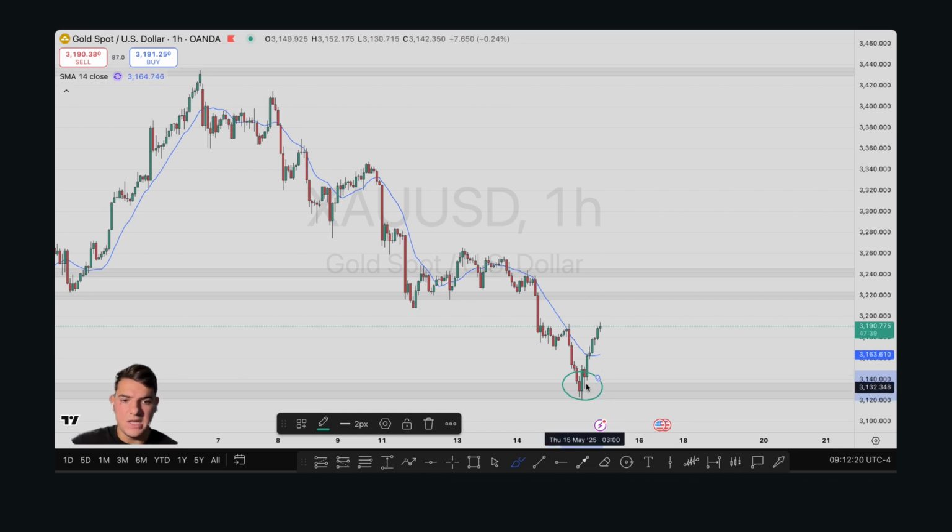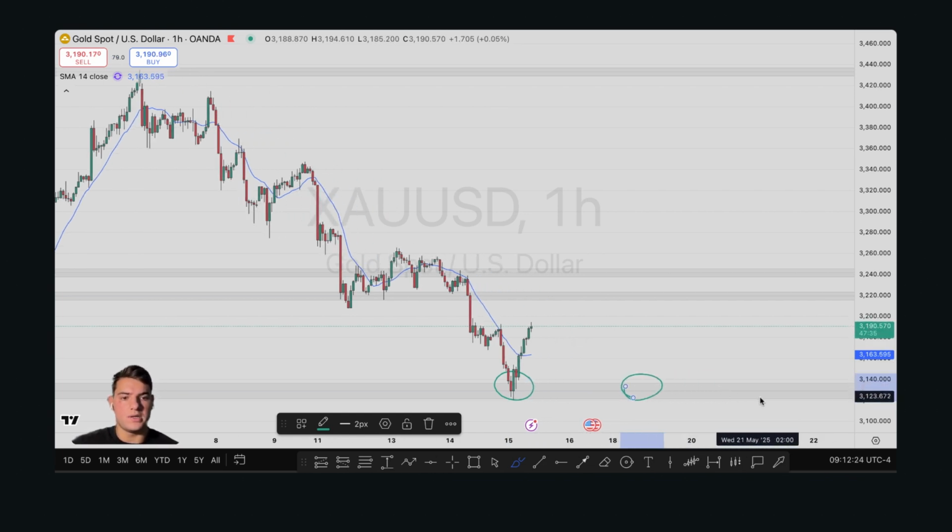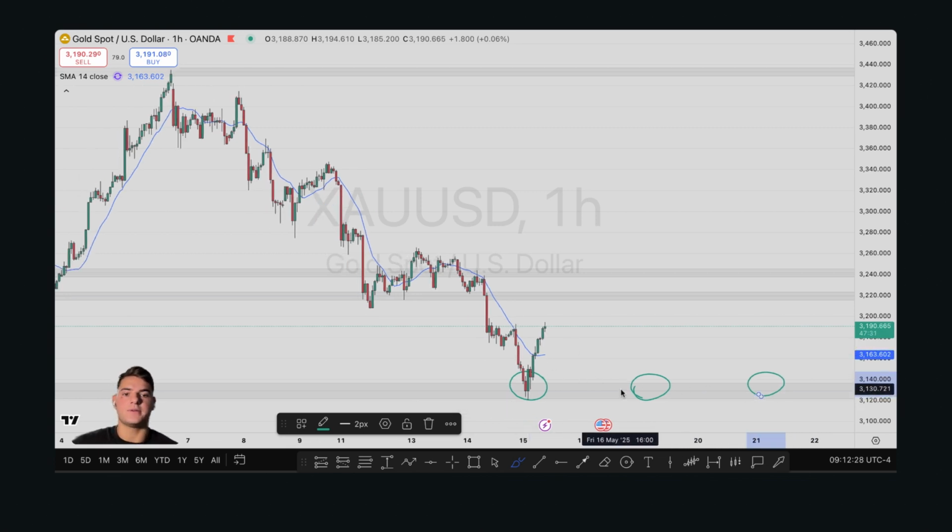So this is a key area for us now. If price comes back to this area, I'm hoping to get longs here, but price has to come back and then be inside my 3 confirmations, which are trend, candlestick confirmation, and one more, which is the moving average.